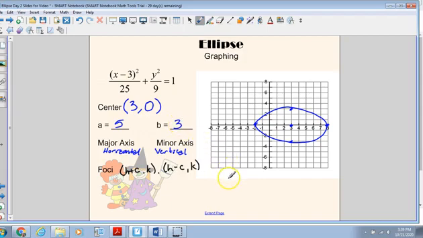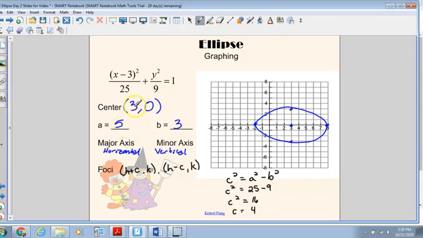We have an a value of 5 and a b value of 3, so we need to find c. c squared equals a squared minus b squared. Since our a squared value is 25 and our b squared is 9, that gives us c squared equals 16. So our c value is 4. To find the foci, h plus c and h minus c, because we're moving the same amount horizontally left and right from our center.